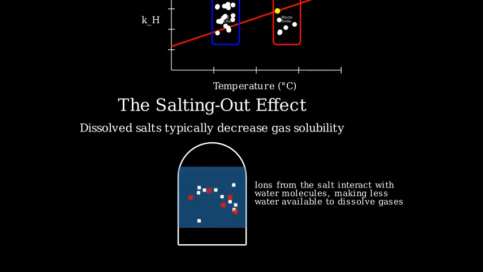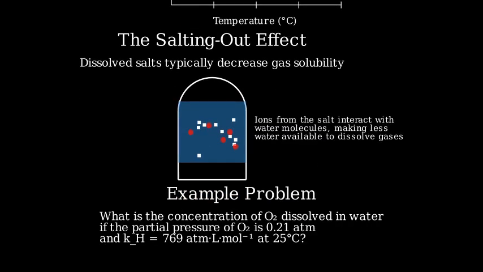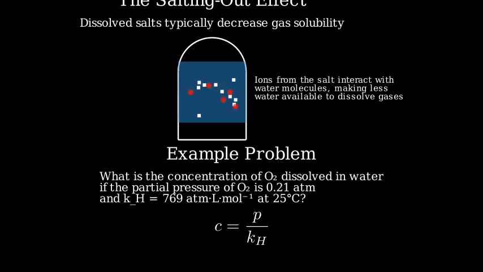Let's solve a simple example problem using Henry's Law. Our question is, what is the concentration of oxygen dissolved in water if the partial pressure of oxygen is 0.21 atmospheres and Henry's constant is 769 atmospheres times liter per mole at 25 degrees Celsius? We'll use the formula C = P / K_H.